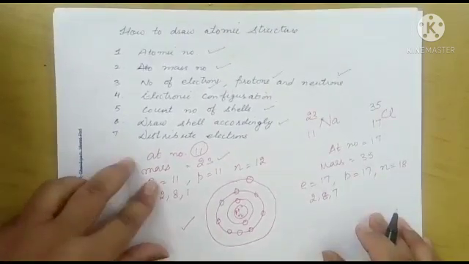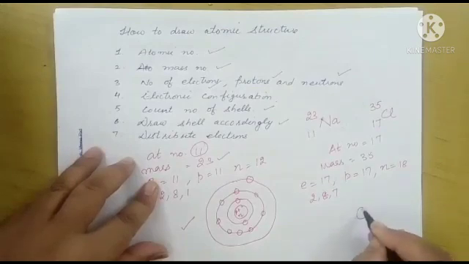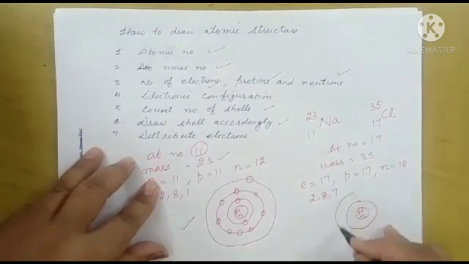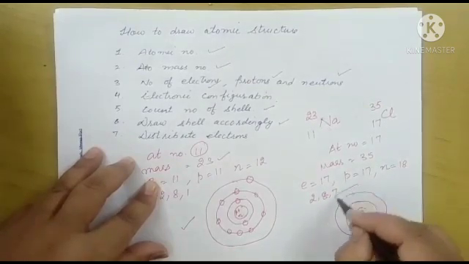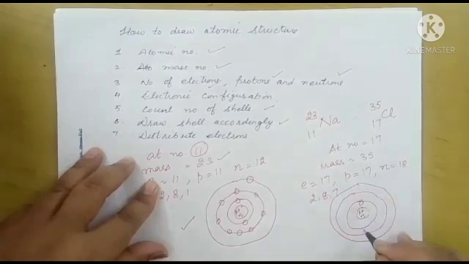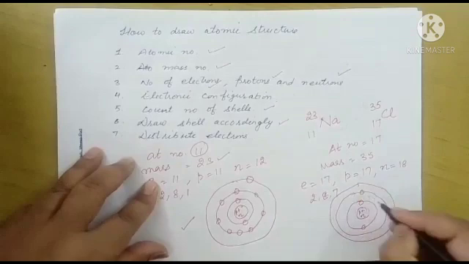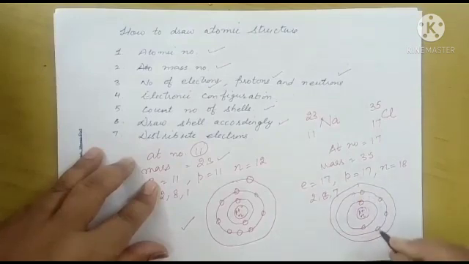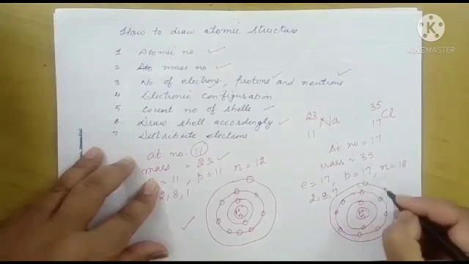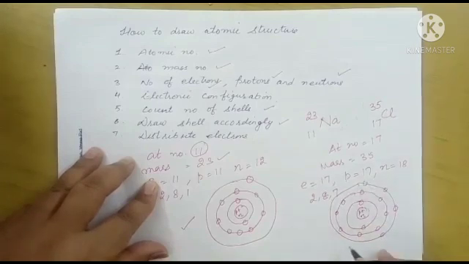So it also needs 3 shells. First of all, the nucleus with protons and neutrons. Then in the first shell, we have to fill 2 electrons. In the second, 8 electrons. In the third, 7 electrons.